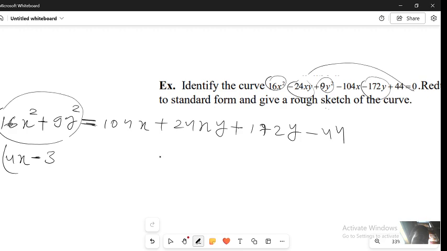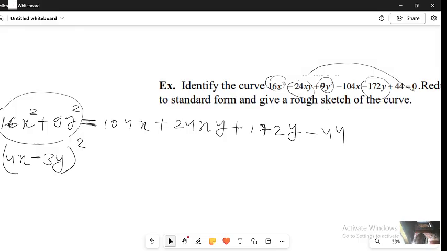Now 16x square, this one multiplied by this one, is going to be 24xy, so I have to add 24xy here again.